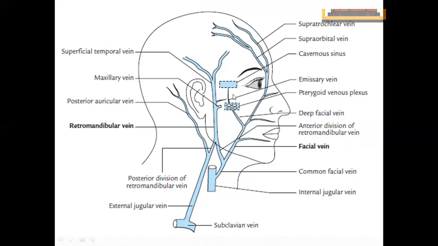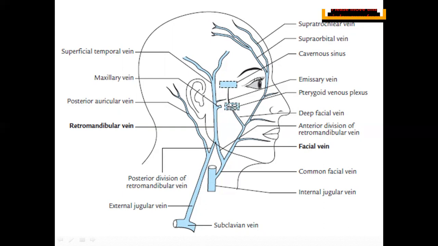So the facial vein has communications with the veins of brain. That is the dural venous sinus. One of the dural venous sinus is cavernous sinus. So the deep facial vein through emissary vein is connecting to the cavernous sinus. That means the deep facial vein has connections with pterygoid venous plexus.